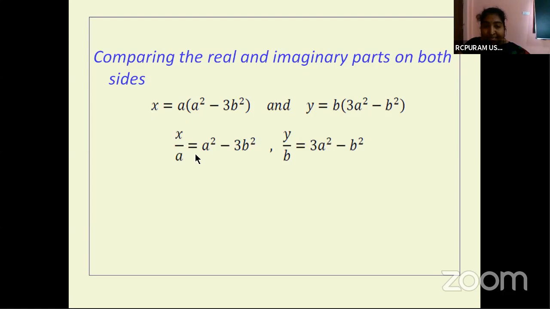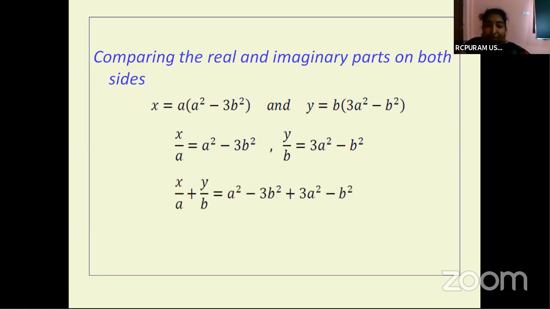So x by a is equal to a square minus 3b square and y by b is equal to 3a square minus b square. Now what is that? We need to calculate x by a plus y by b.